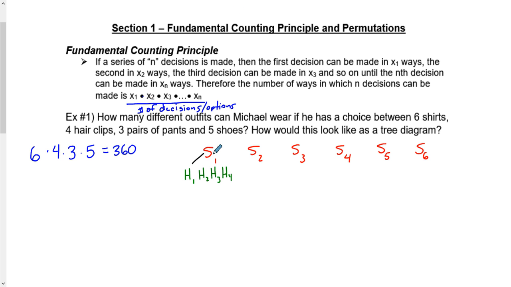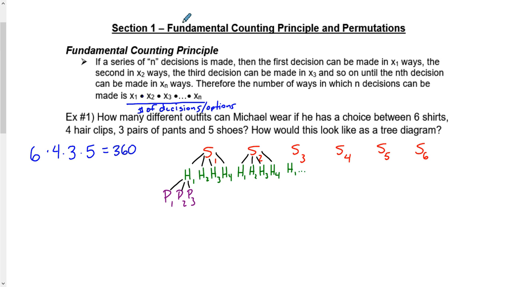So you could go with shirt 1 and then hair clip 1, or hair clip 2, or hair clip 3, or hair clip 4, which is going to fit the exact same thing if he chose shirt 2, and so on and so forth. And then for pants, you could have pants 1, pants 2, pants 3. So he could choose shirt 1, hair clip 1, and pants 1, or shirt 1, hair clip 1, and pants 2, or pants 3.